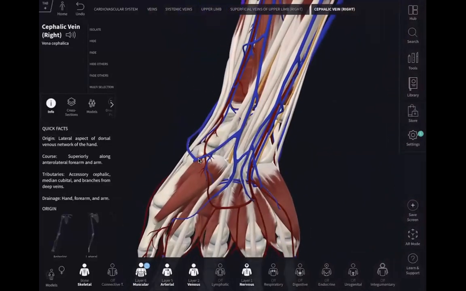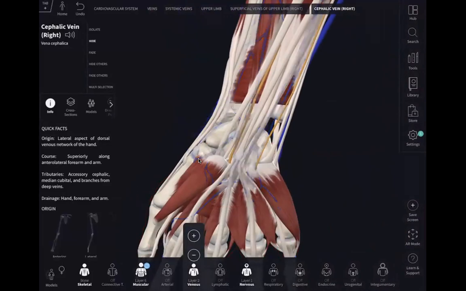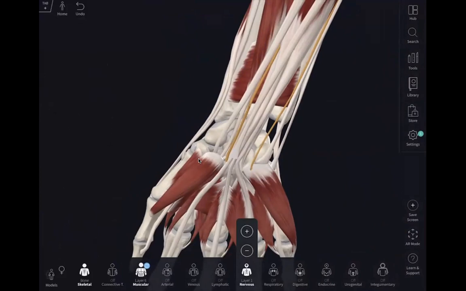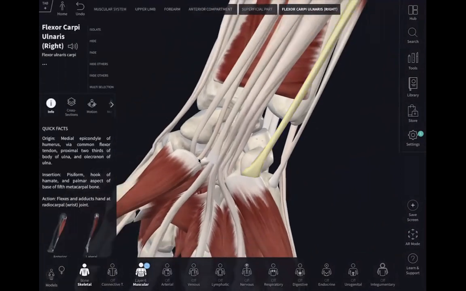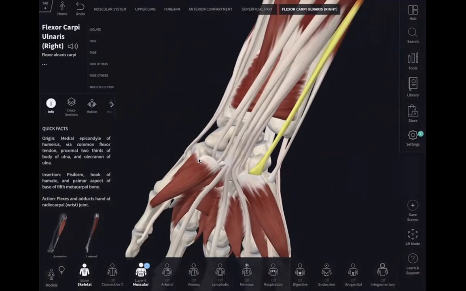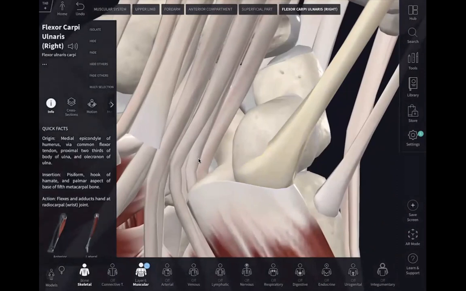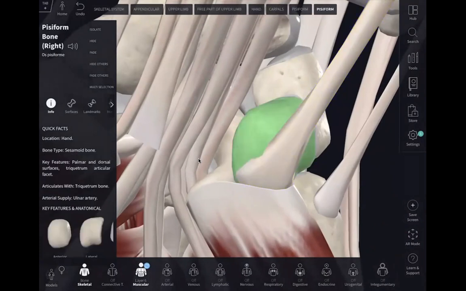Let's find out which one is our flexor carpi ulnaris, and see which bone lies underneath it. So this is our flexor carpi ulnaris, and from the friction of this flexor carpi ulnaris, which bone will develop? This is our pisiform.